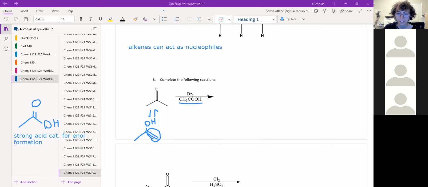This can attack electrophiles as a nucleophile. And you also might remember from 112a that Br2 could be an electrophile. We added it to alkenes before. So that's going to be the reaction happening here.